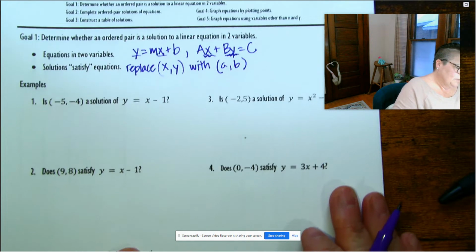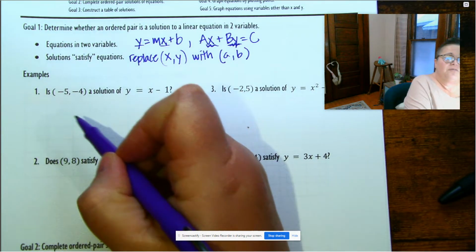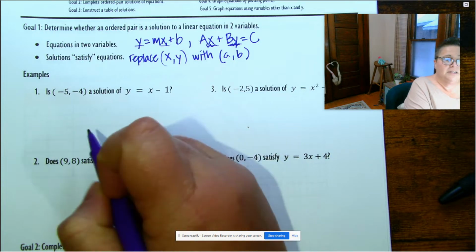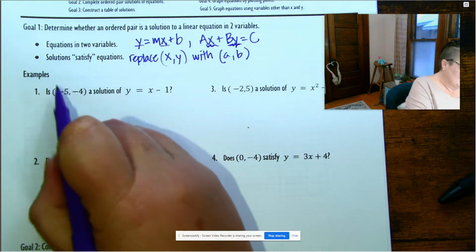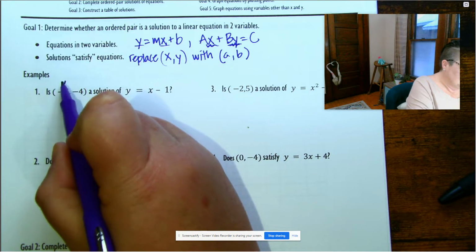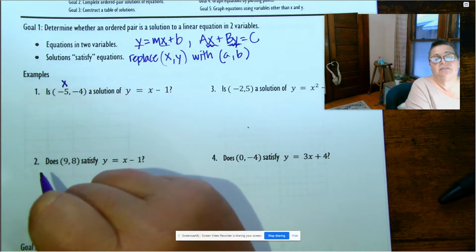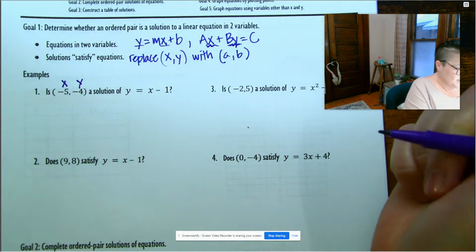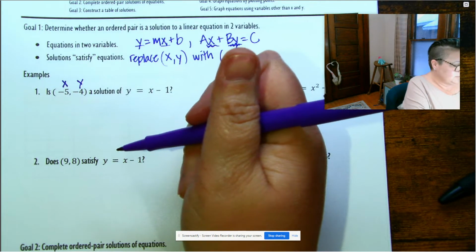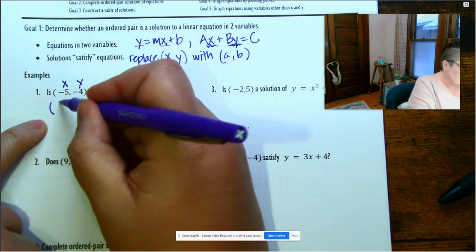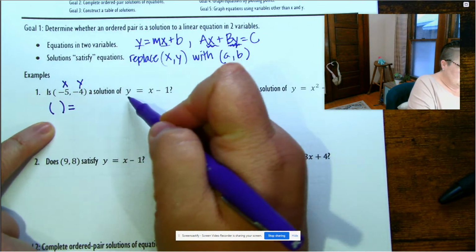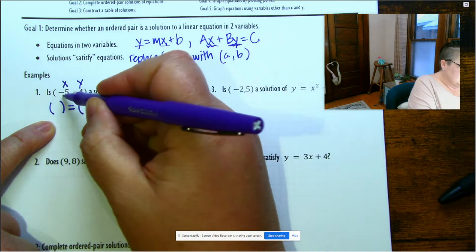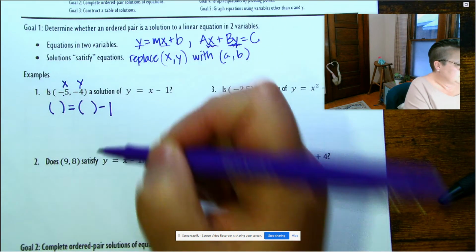For example, is negative 5, 4 a solution to y is equal to x minus 1? To determine this, we have to recognize that negative 5 is in the place of the x coordinate and 4 is in the place of the y coordinate. Then we simply do the substitution into the equation. Y, we're going to put in a 4, is that the negative 5 minus 1?